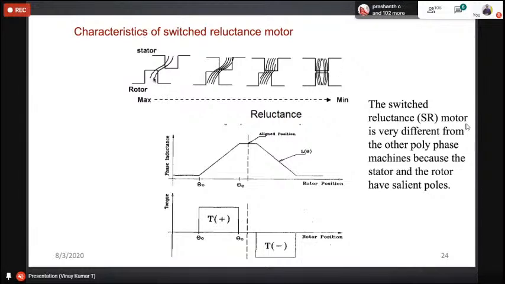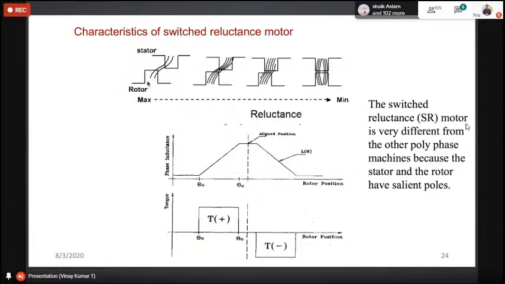This is diagram 1, 2, 3, 4. Initially, let us assume that rotor poles are far from the stator. Once rotor poles are moving towards the stator pole, what is happening? Flux linkage, the stator pole flux linkage, increases. If flux linkage increases, automatically the inductance of the stator winding with respect to the rotor pole also increases, right?